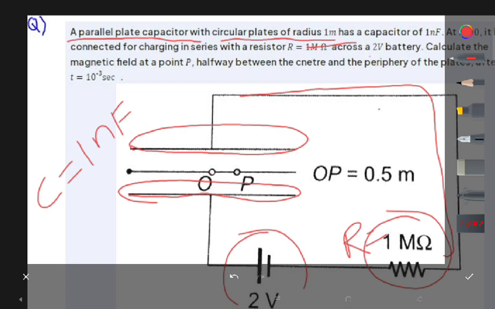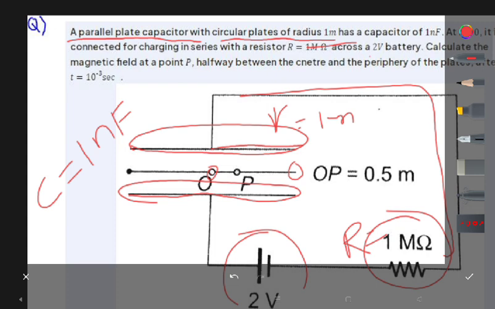That means the radius of this plate is R equal to 1 meter. This point P is halfway between the center and periphery of the plate. This is the center, and periphery means the edge or boundary of the plate.